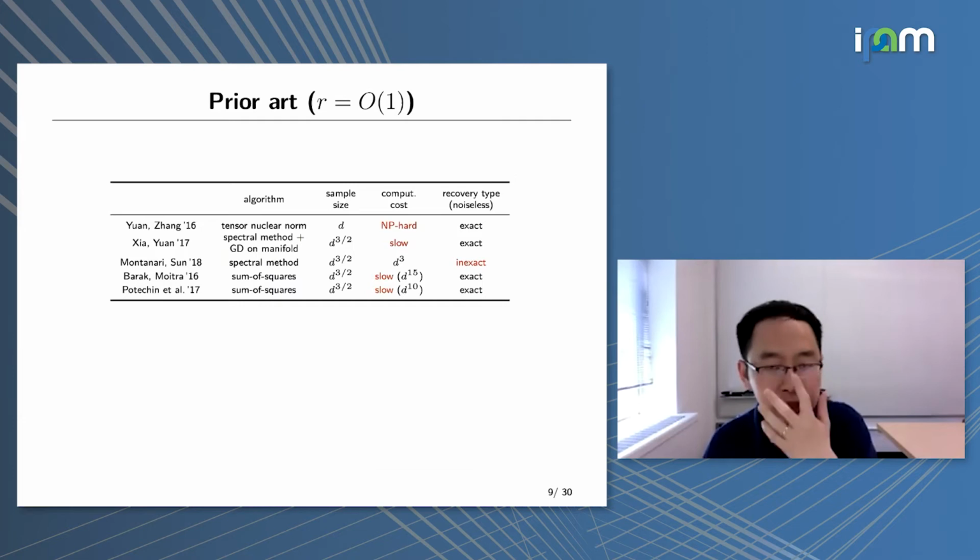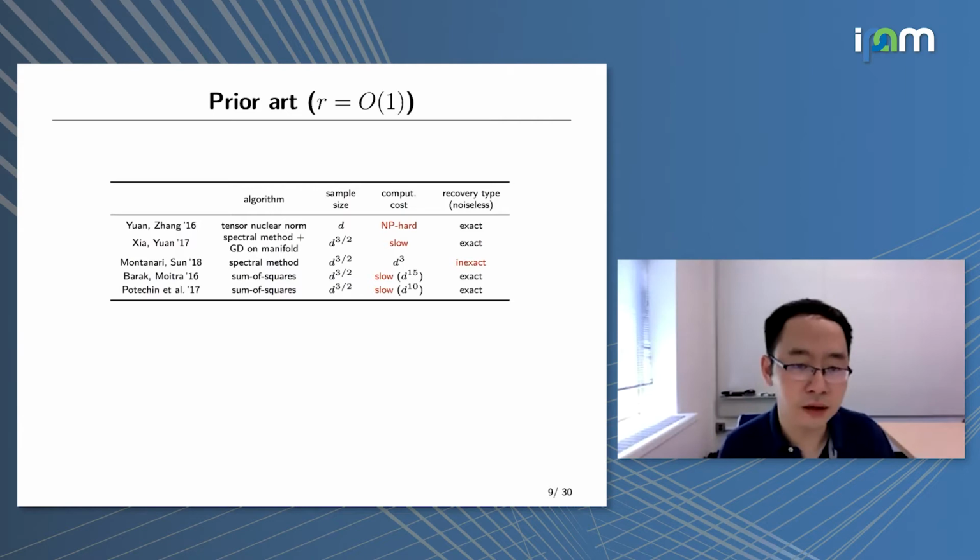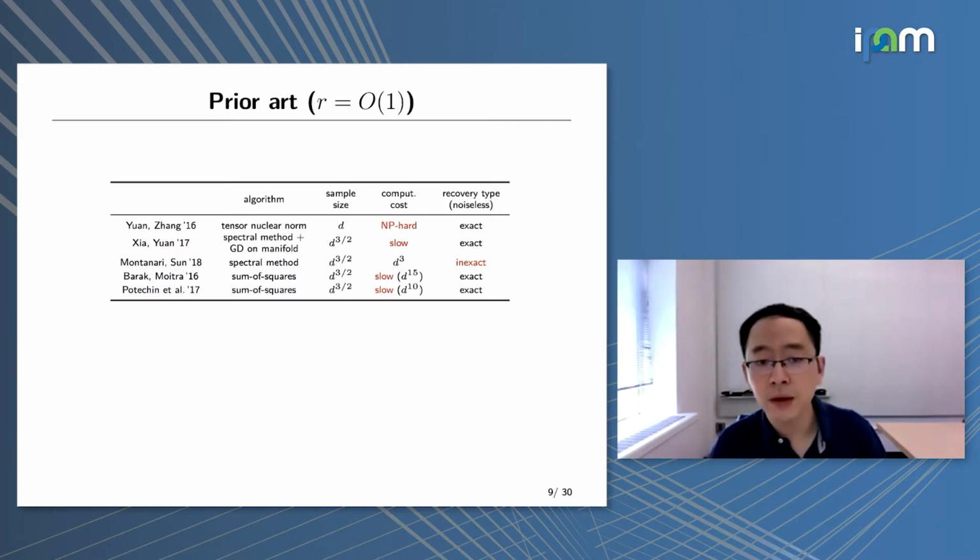Let me quickly summarize the prior art, assuming that the rank is a constant. If there's no noise, a bunch of algorithms have been proposed, starting perhaps from tensor nuclear norm minimization, and there's a group at Columbia and Rutgers that looked at nuclear norm minimization.